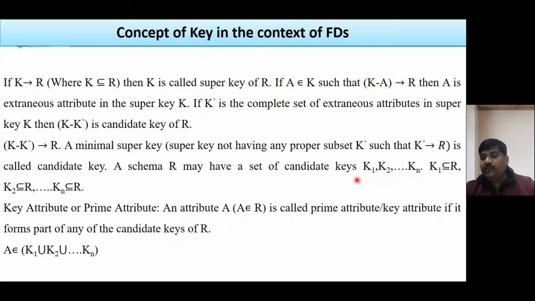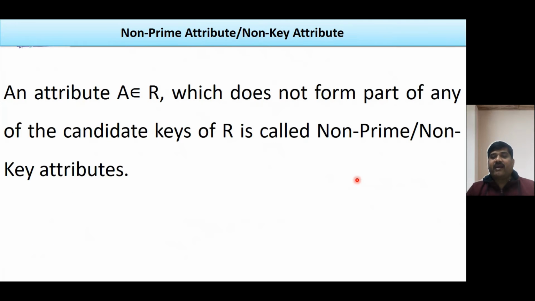So if there are multiple candidate keys on R, the attributes which are involved in the formation of any of the candidate keys are called prime attributes, and the rest of the attributes are called non-prime attributes.